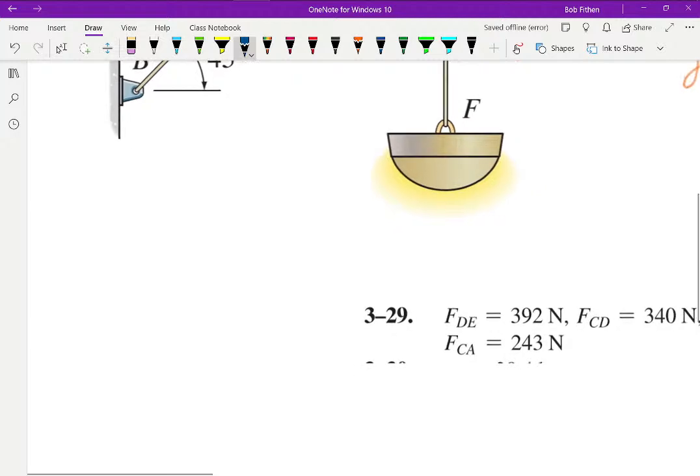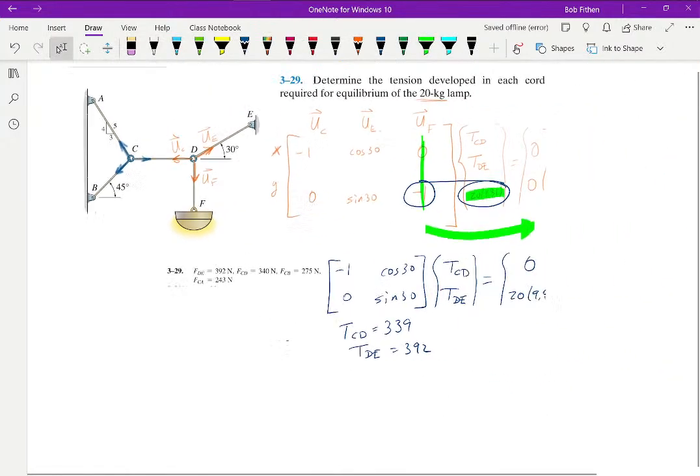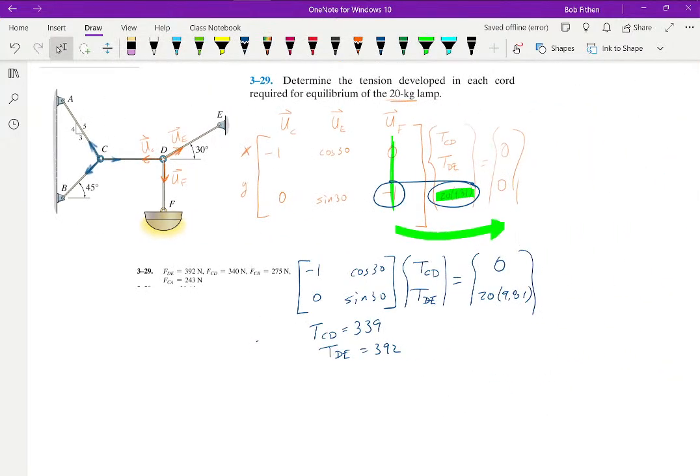Now, what we could do is sort of work down a little bit here. So this would be UD, the unit vector in the A direction, unit vector in the B direction. I'm going to go ahead and just list the matrix out.